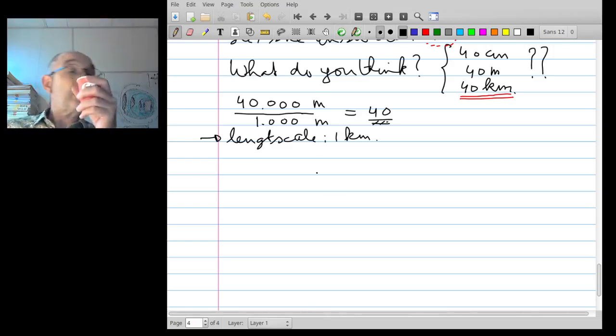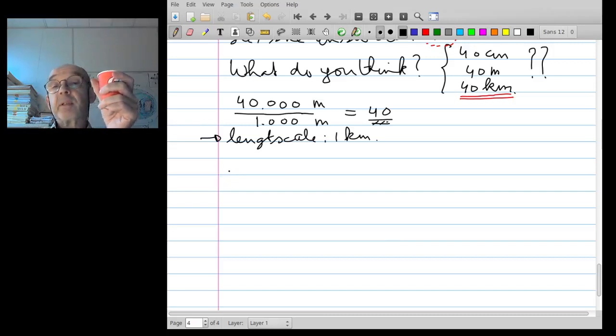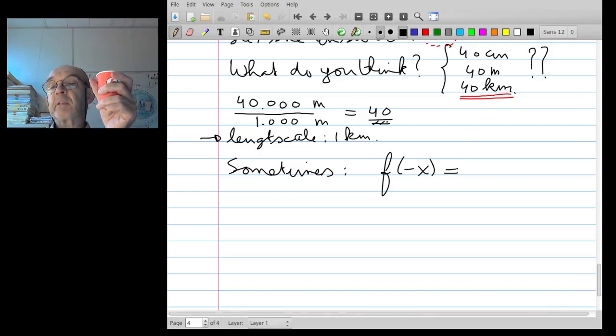And what will I do more? Now you have also some strange behavior of functions, which we can define already. Sometimes you have the feeling that you can mirror your graph of the right hand side of your x-axis to the left hand side, so that f of minus x is equal to f of x.